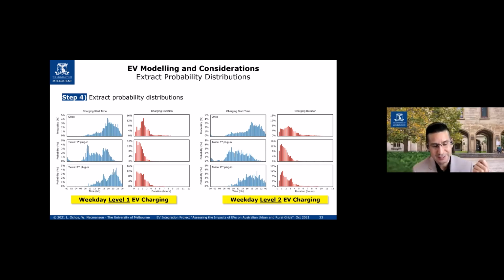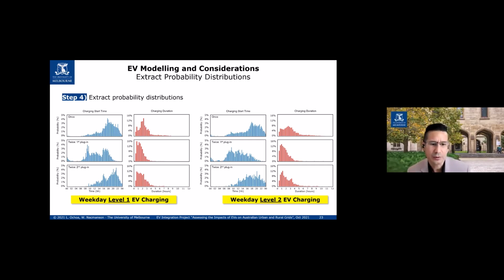If you're just charging once, it will be on the top left here in blue, that people will do it in the evening. Yes, as expected, after work. But the second time that you plug in is perhaps going to be a mix of throughout the day or in the morning and also in the evening. And if it is the second one, up to two times that you are charging in the day, it's very likely to be in the evening.